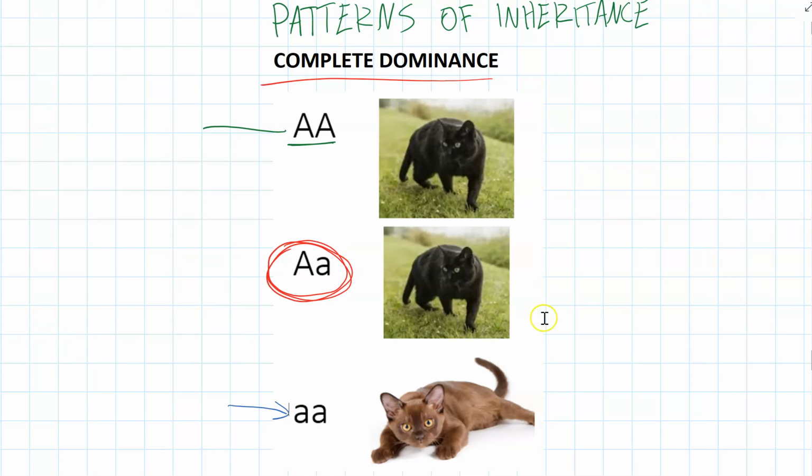But the key is, in a cat that's heterozygous here, only one of the traits, one of the phenotypes is actually visible. And in this case, it's black. And so that tells us, okay, the black phenotype must be dominant over the brown phenotype. So black fur is dominant over brown fur in this case.